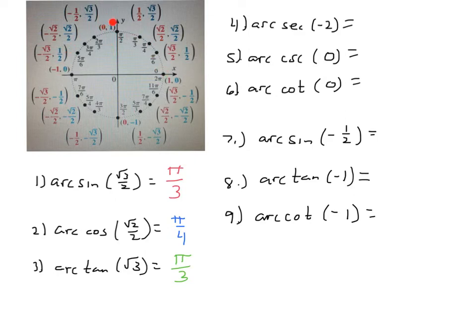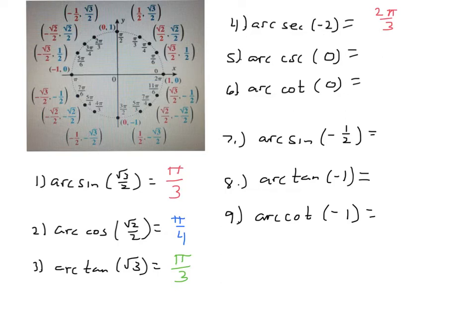We cannot get pi over 2 as an answer because that's when the secant is undefined. But I want the arc secant to be negative 2. The negative values do occur in quadrant 2. And I know if I'm looking at an angle whose secant is negative 2, that means its cosine is negative 1/2. And so that is going to happen at the angle 2 pi over 3. And so in this case, I do get 2 pi over 3.